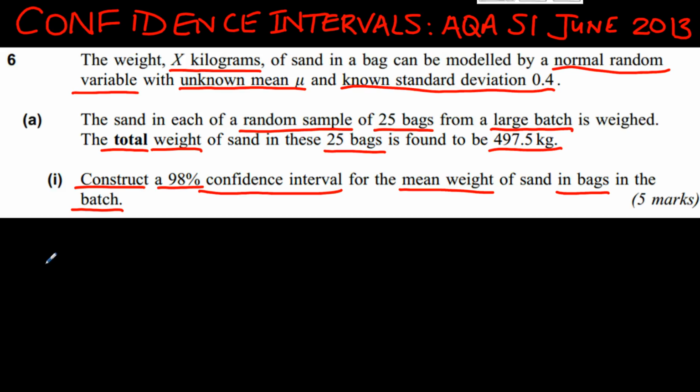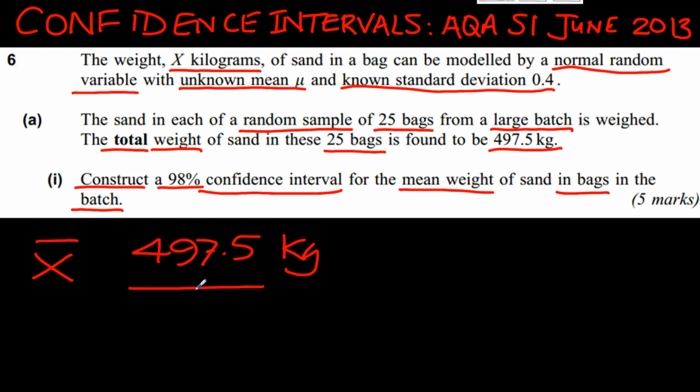Okay, so let's work out the sample mean first, and we're going to describe that as x bar. That is the sample mean, not population mean. And we've got here that for a batch, the 25 bags weighed 497.5 kilograms, and that's across 25 bags.